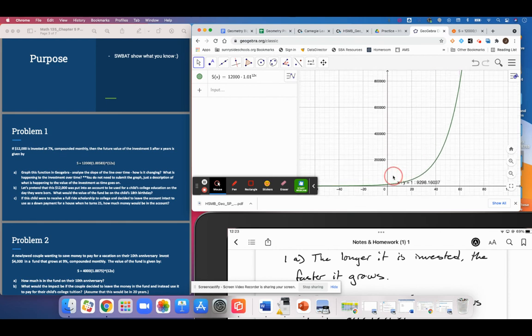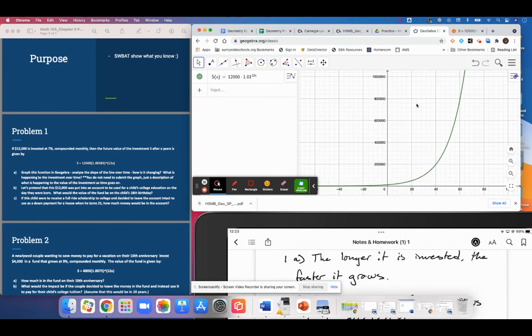If we left the money in there for 60 years, it would get right up to 800,000 bucks. So $12,000 turning into 800,000 in 60 years. Again, what a generational gift for a family to be able to pass down as time goes on. That's going to be it for number 1, everyone. Hope this was helpful.